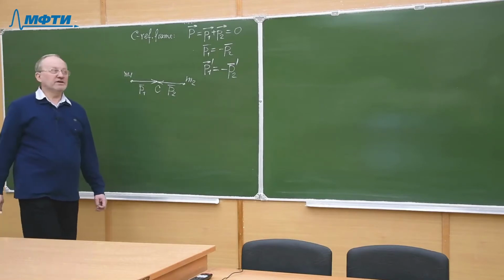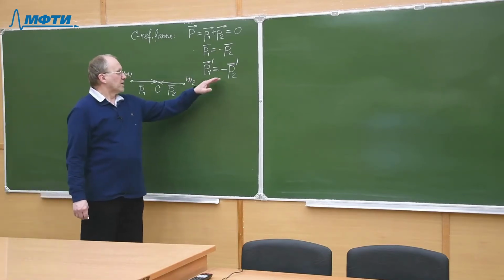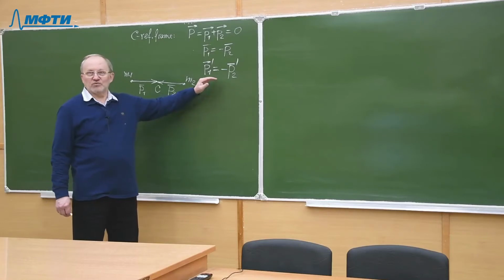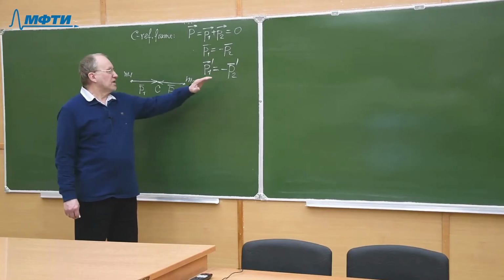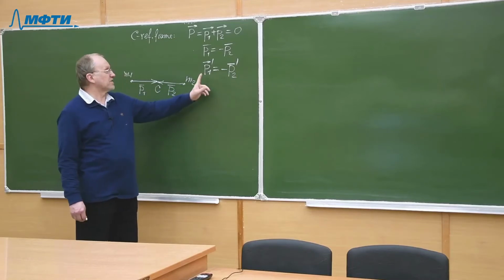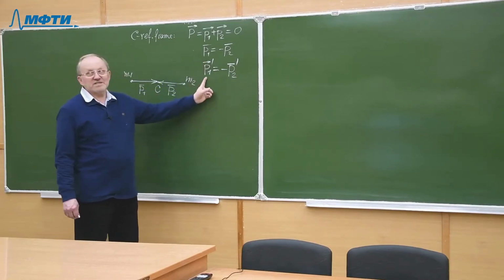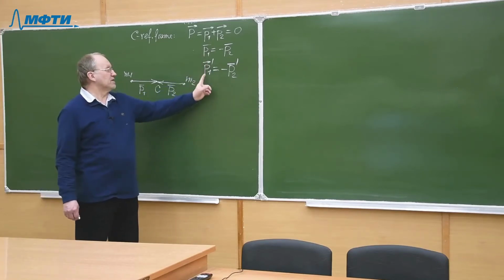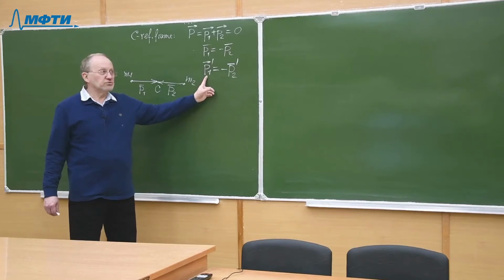And if we use the law of conservation of energy, which is applicable for a perfectly elastic collision, then due to conservation of energy, we obtained last time that the momentum of the first particle does not change in magnitude. It changes only in direction due to collision.